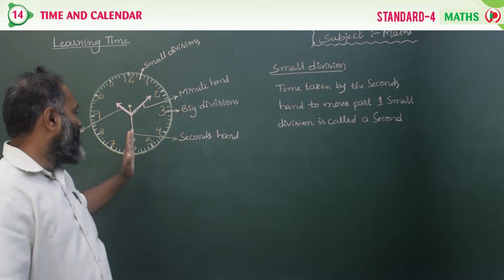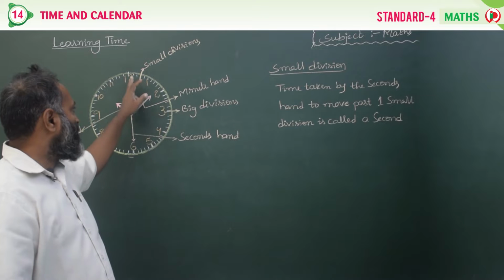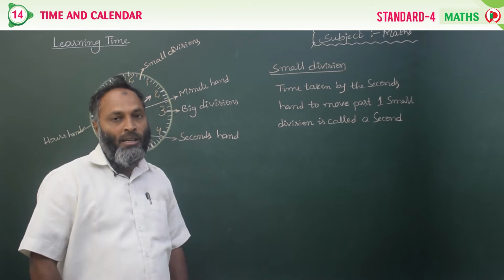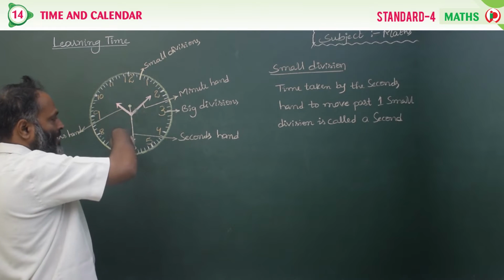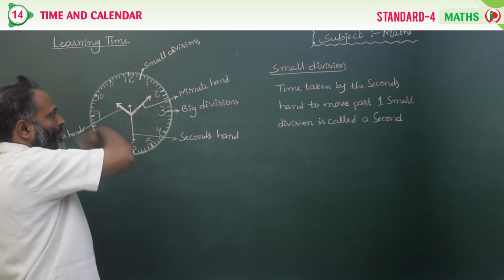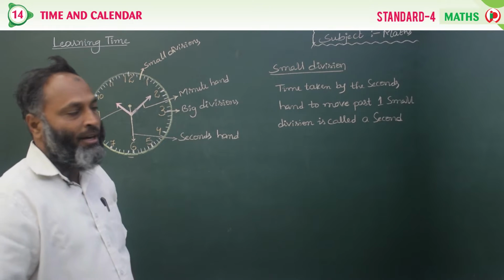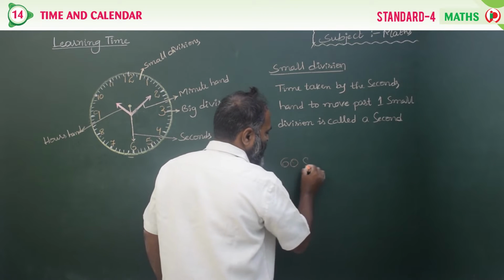If it moves one small division, that means 1 second. These are the small divisions and these numbers are the big divisions. If the second hand completes one rotation, that means 1 minute is completed. It means 60 seconds.